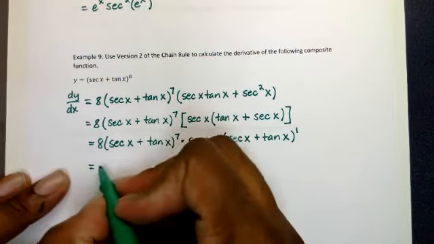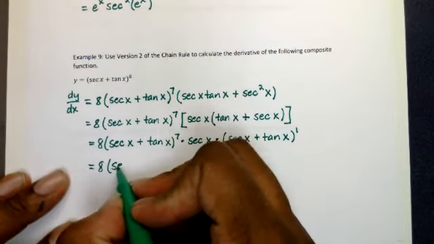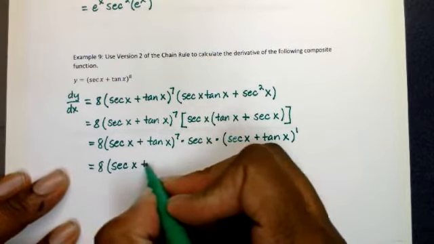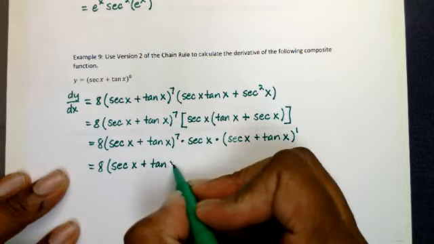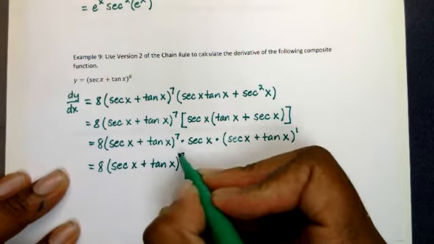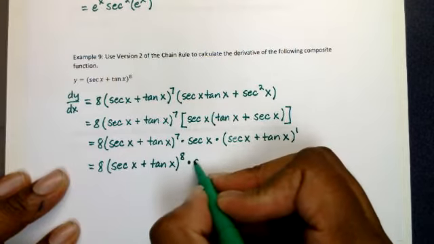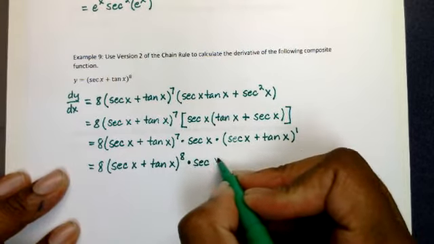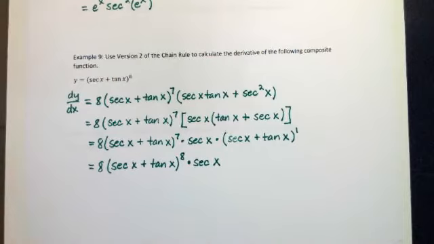So I have 8 times the secant of x plus the tangent of x, raised to the 8th power, times secant x. And in this case, I will go no further than that. So that would be the derivative of y equals the quantity secant x plus tangent x raised to the 8th.